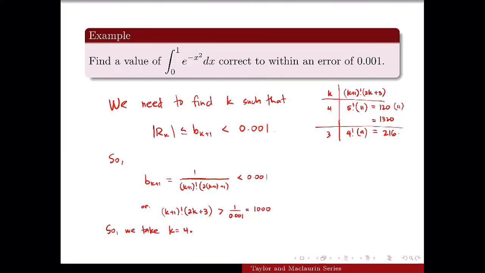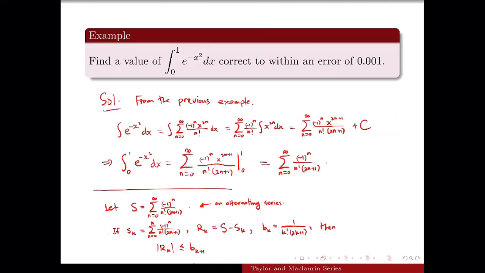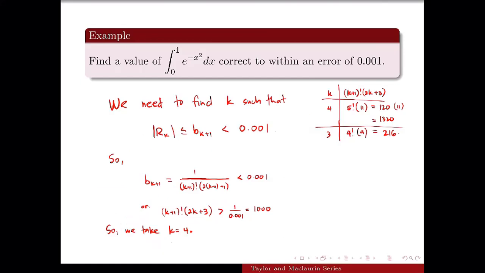So what does this mean? With k equals 4, okay, we look at the partial sums here with k equals 4 and then we calculate. Okay?